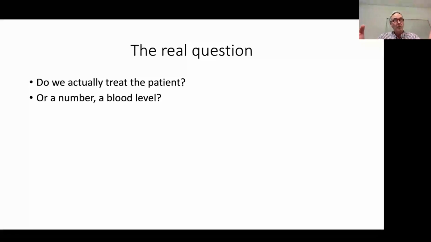And the most important question, I think, in those cases that we have to ask ourselves is, do we actually treat the patient, or do we treat a number, a blood level?